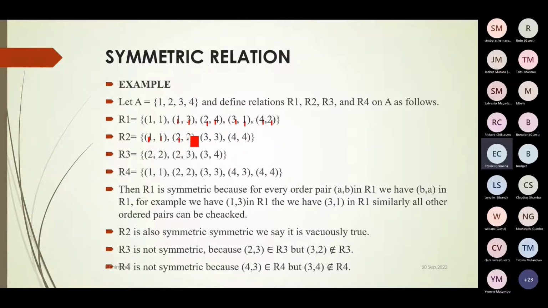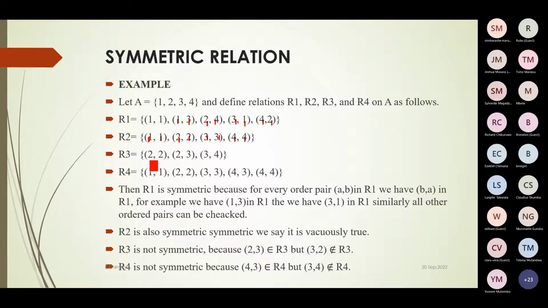We've got 1 mapped to itself, 2, 3, and 4 mapped to themselves. So R2 is also a symmetric relation, because x is mapped to y and y is mapped to x. It's just the same element, different from say (1, 3) and (3, 1).